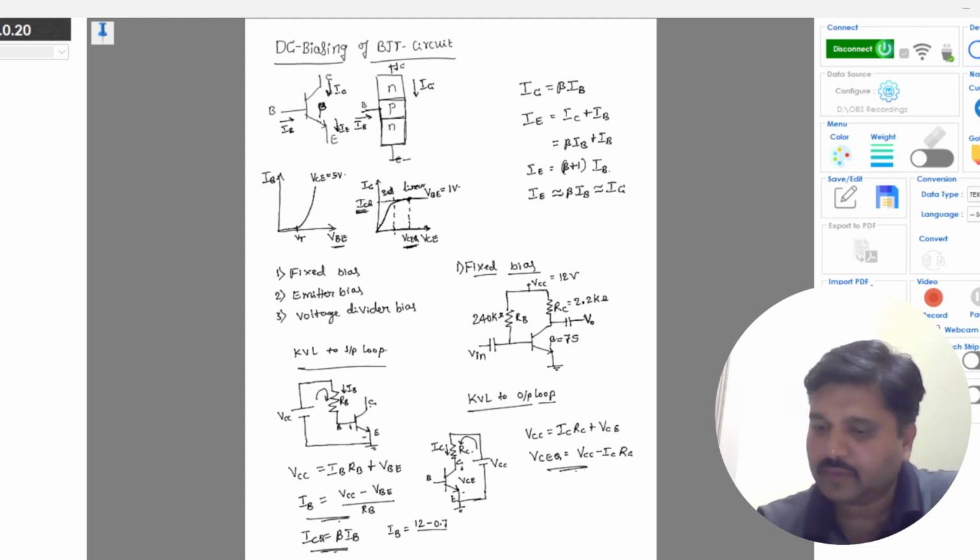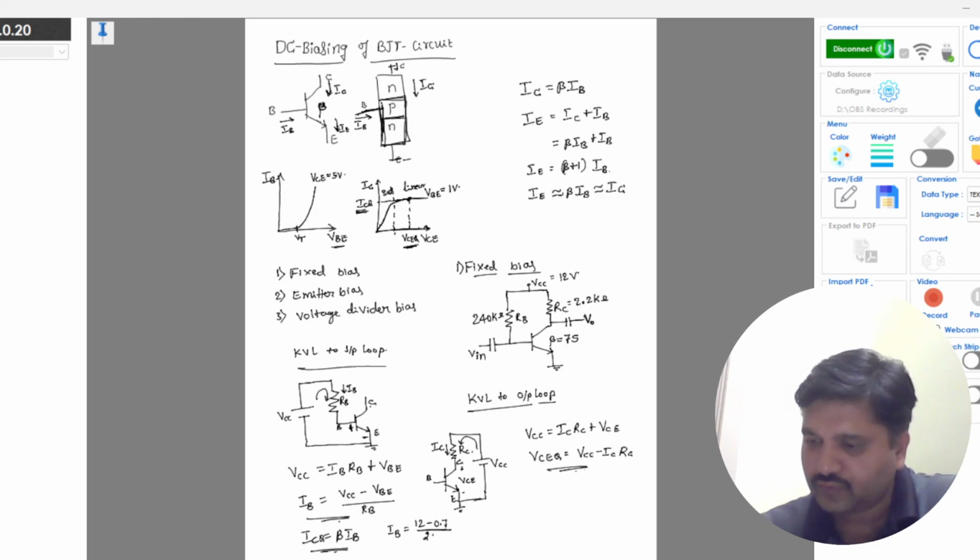So this VBE is the voltage across base to emitter, which is the minimum voltage across this PN junction. Okay, so which is 0.7, and RB is 240 kilo ohm, and solving this you will get approximately 47 microamps.